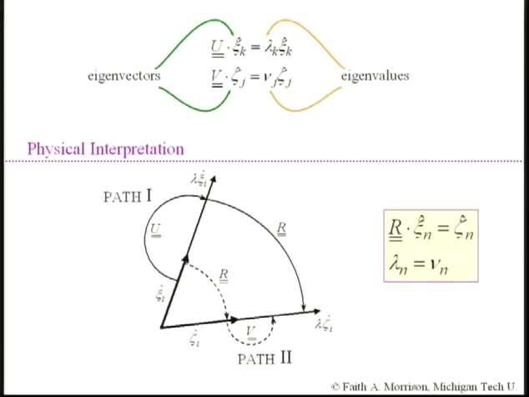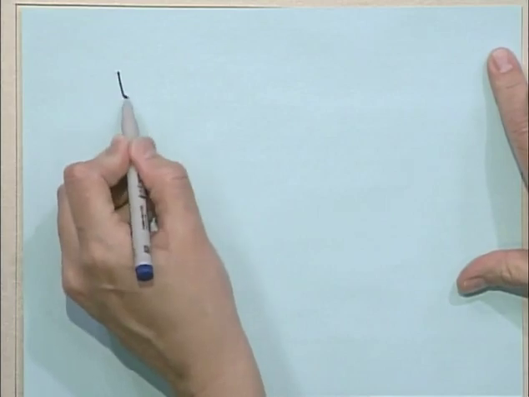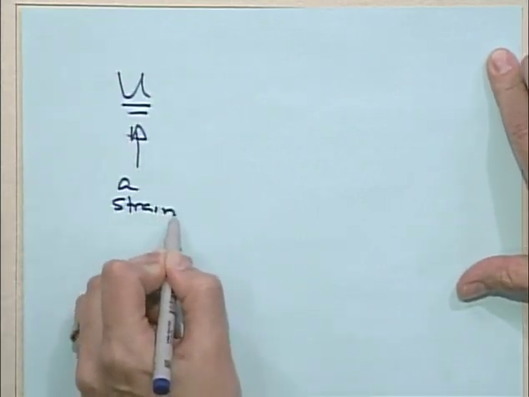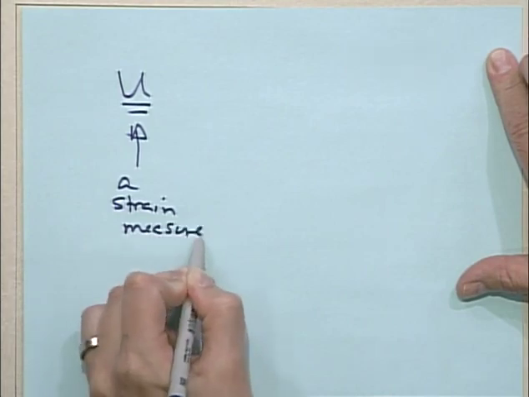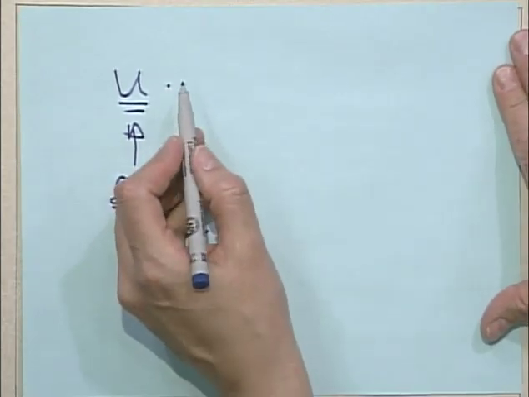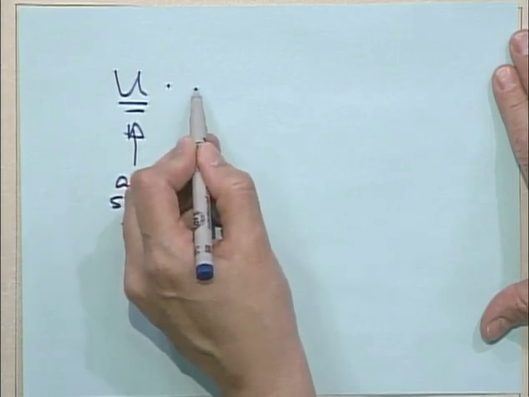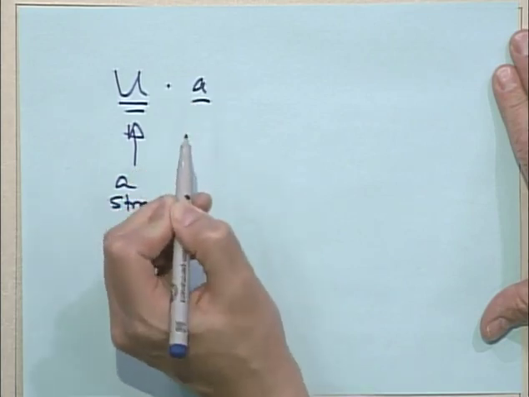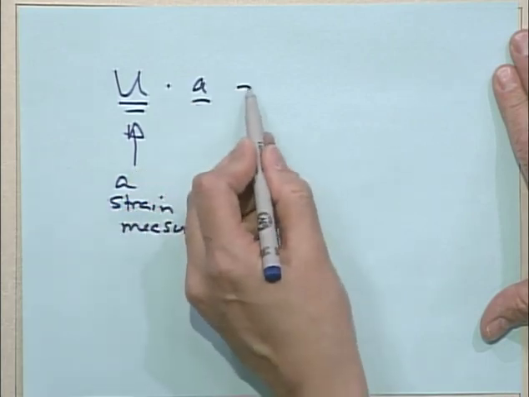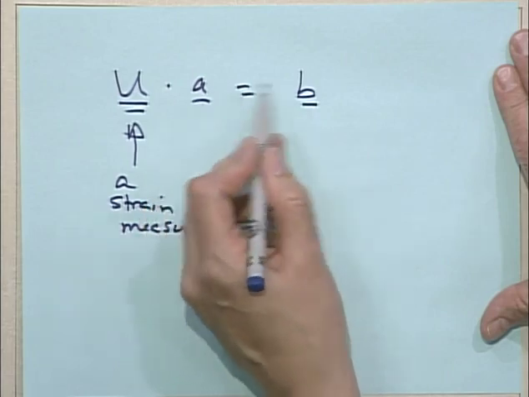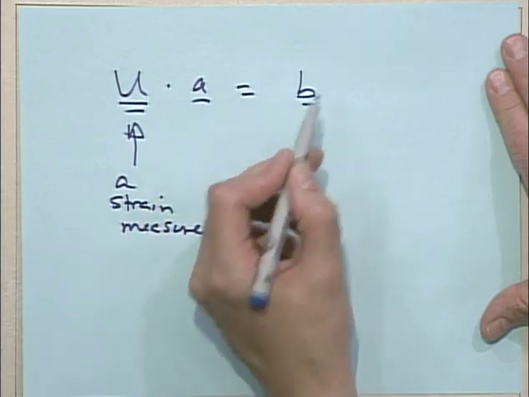Okay? So any vector that we're looking at, so this U is a strain measure. If I apply U to an arbitrary vector, a, then I can expect that the result will be some new vector b. It won't be parallel to a. It's going to stretch it, and it's going to rotate it.